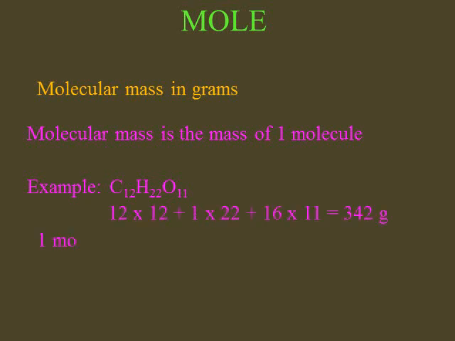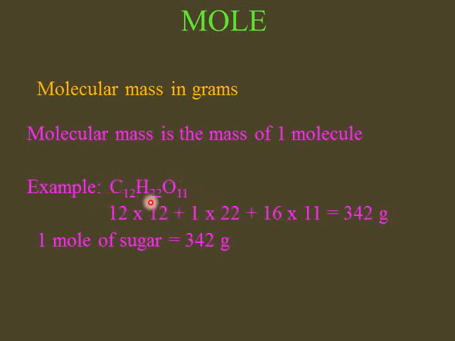For example, here I am giving you an example of sucrose. So 1 molecule of sucrose has a molecular mass of 342 grams. Now how do we find the molecular mass? We have to add up the masses of all the atoms present in a molecule.